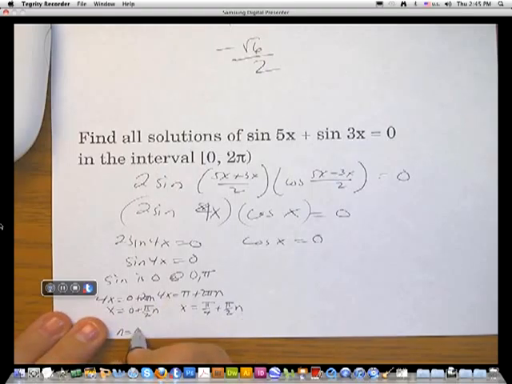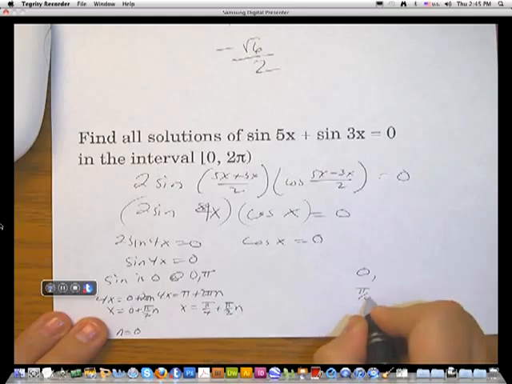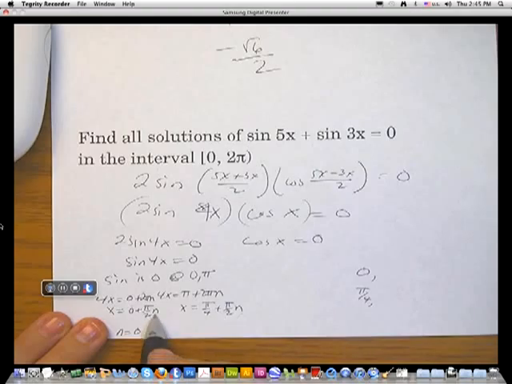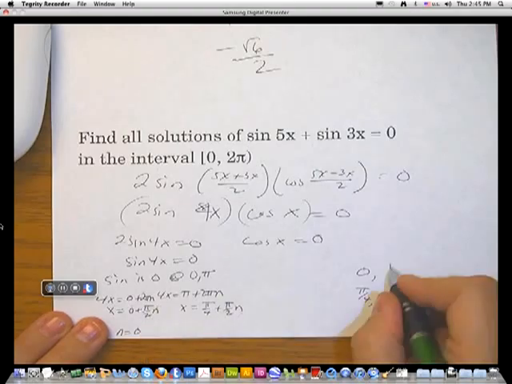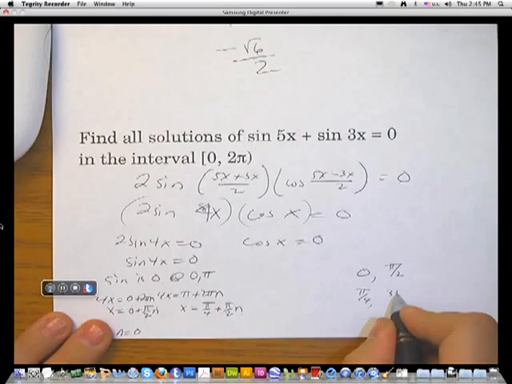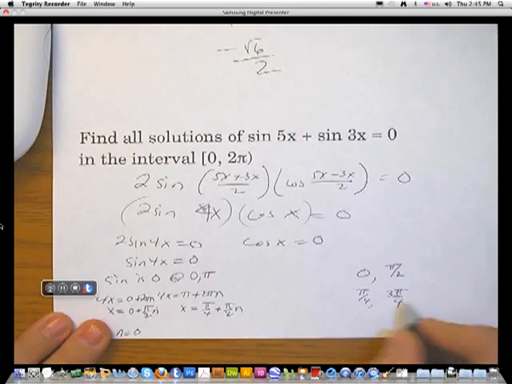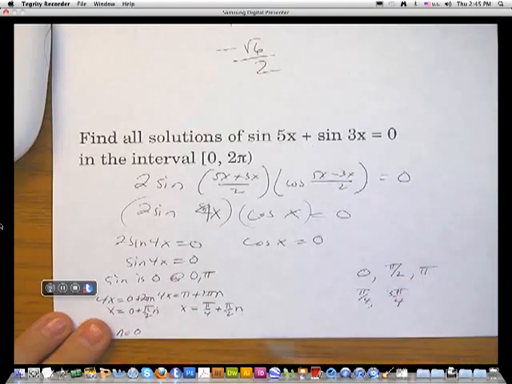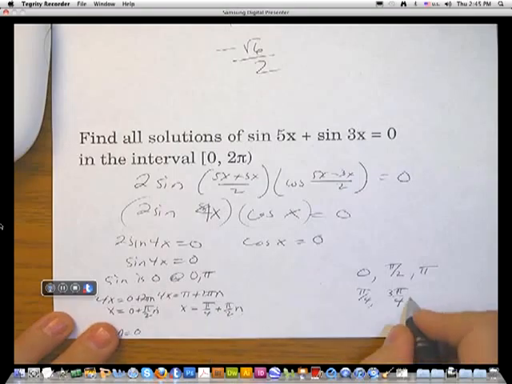So if n is 0, I get 0 and pi over 4. If n is 1, I get pi over 2 and 3 pi over 4. If it's 2, I get pi and 5 pi over 4.